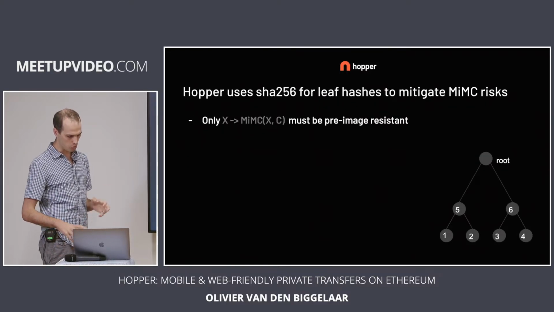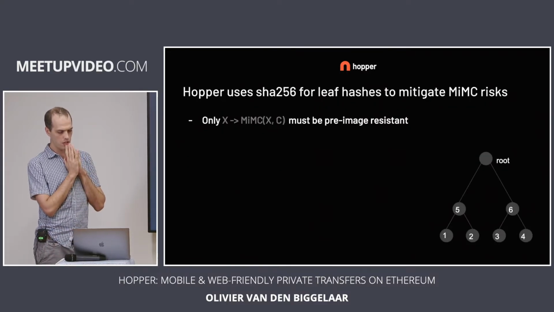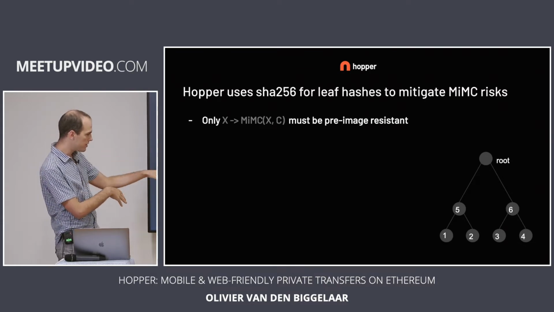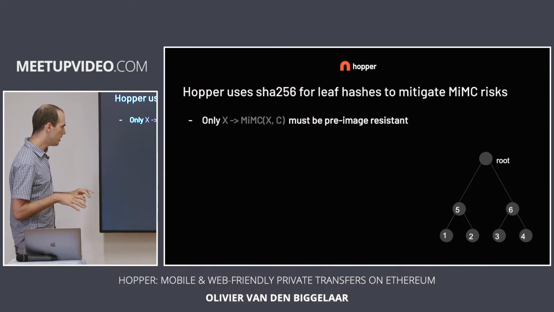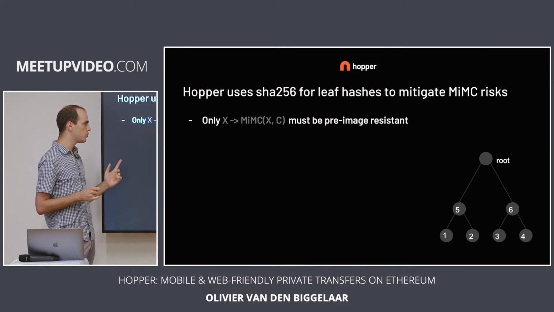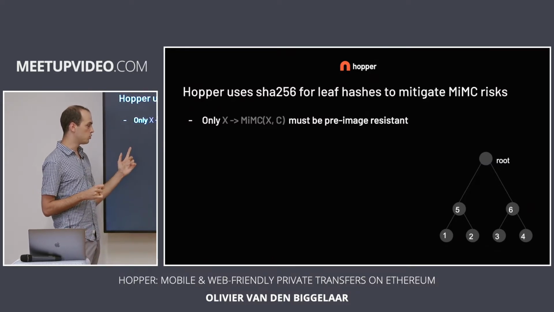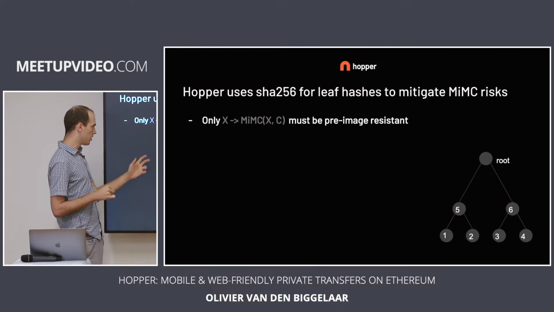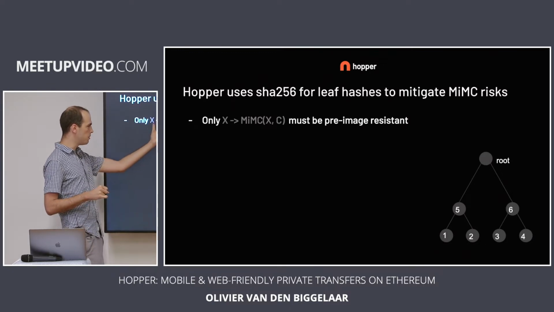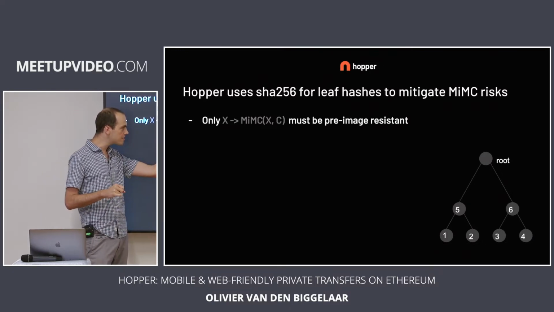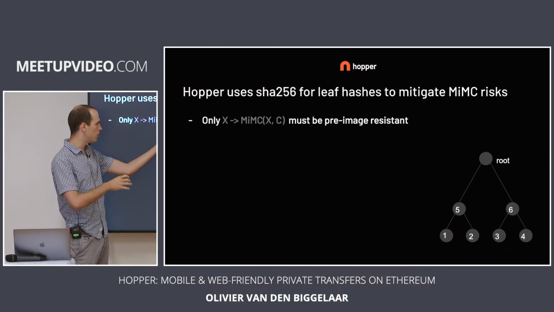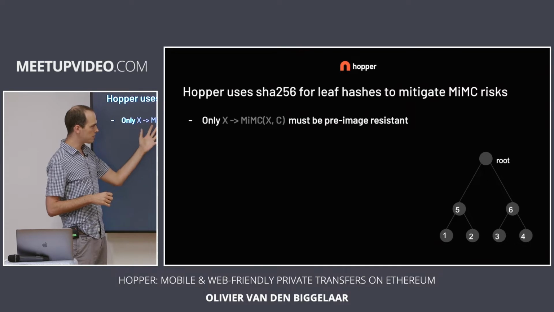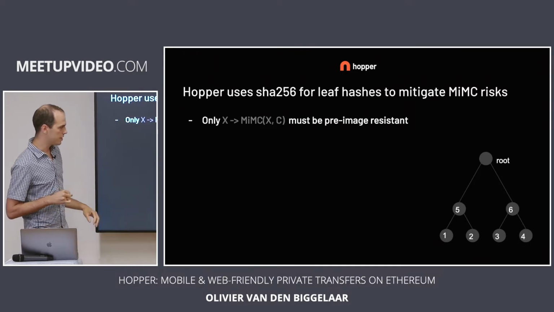But to mitigate that particular point, we still use SHA-256 in the leaves. So that means that even if MIMC turns out to not be pre-image resistant, as long as this kind of construction, MIMC, where you fix the right-hand byte of the input, is pre-image resistant, then your system will be secure.